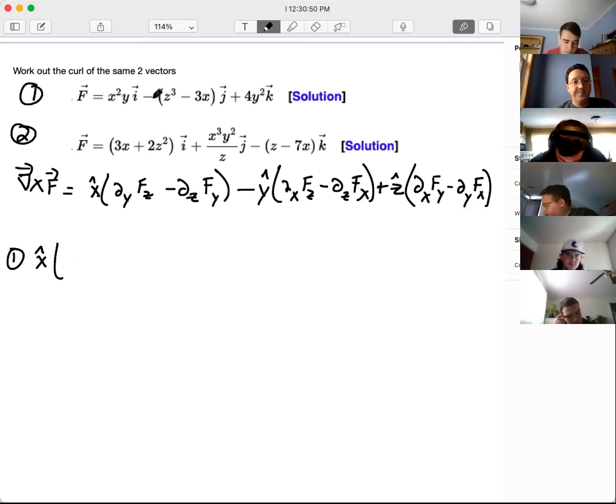X hat. Try it again. I'll only look up here. All right, partial y on this is going to give me 8y minus, partial z on this is going to give me another minus 3z squared.